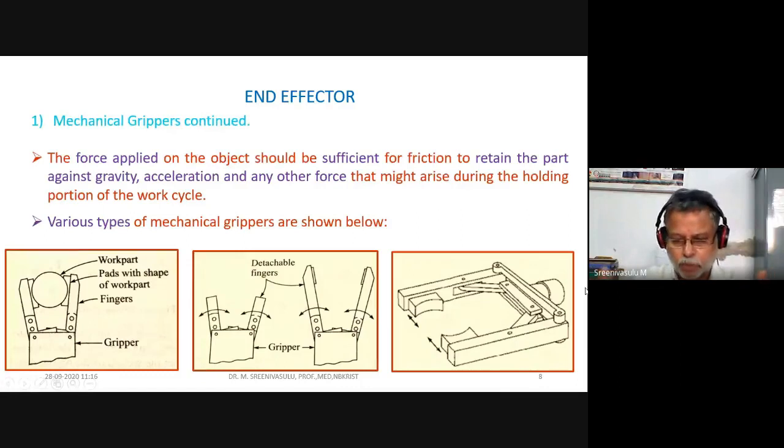So when you want to pick up an object, you operate this entire linkage and ensure that those pads come close to it. Whenever you want to release the object, you operate that linkage again and ensure that those pads move backward.